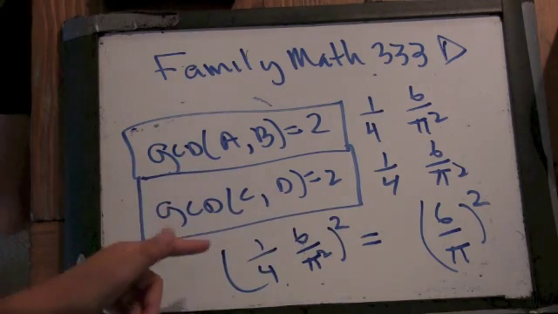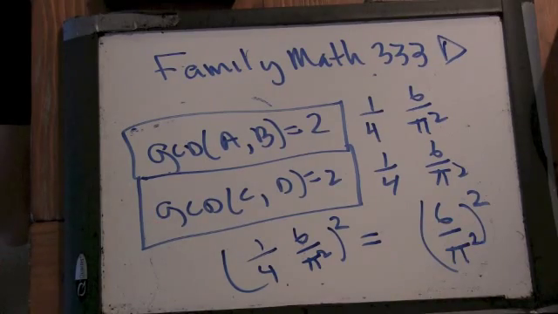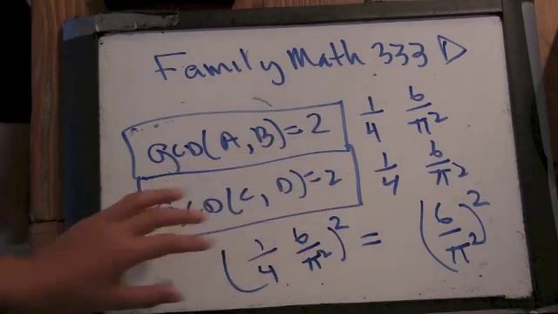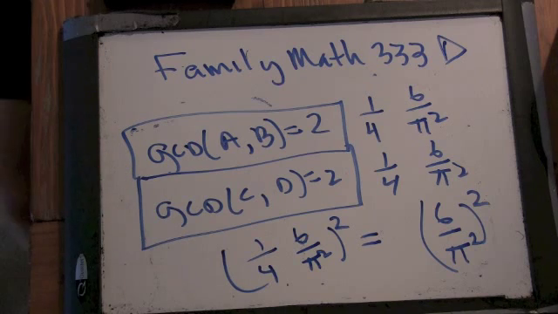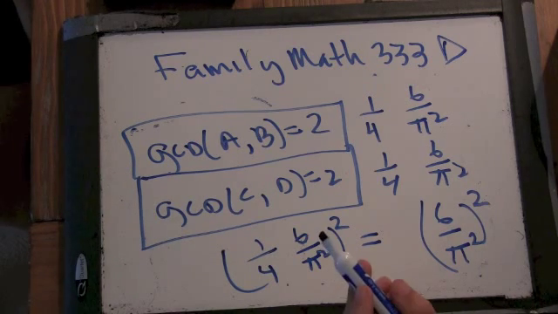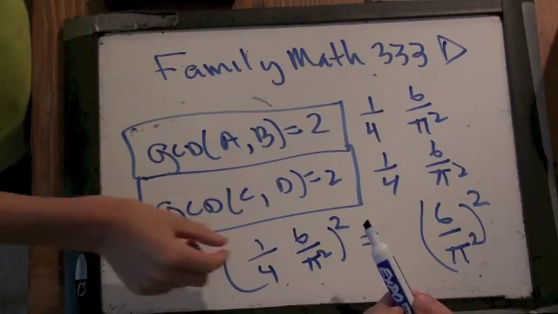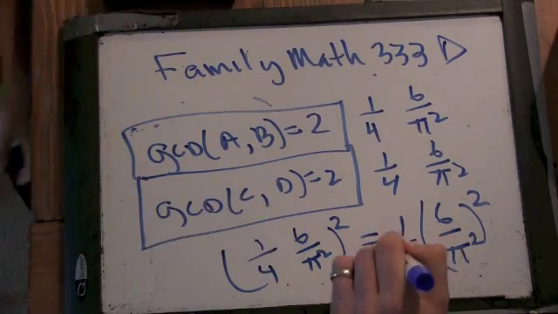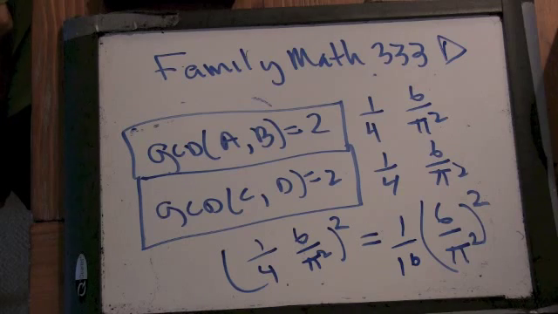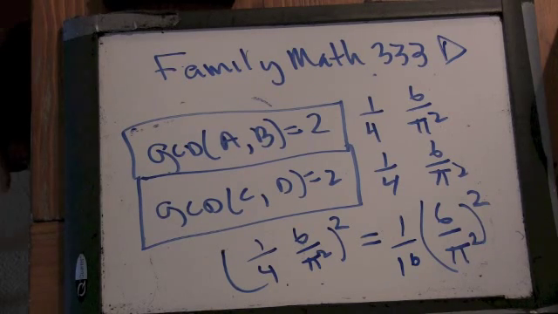So you're multiplying 6 over pi squared by 1/16. Do you see why? Because you have two 1/4s, and that creates a 1/16.